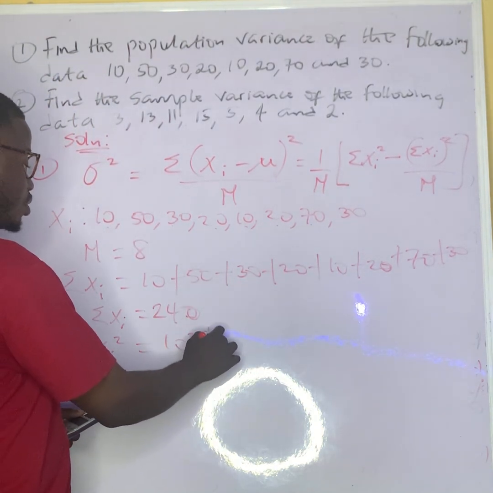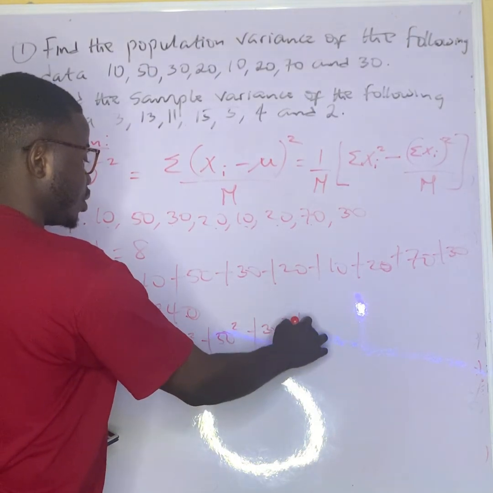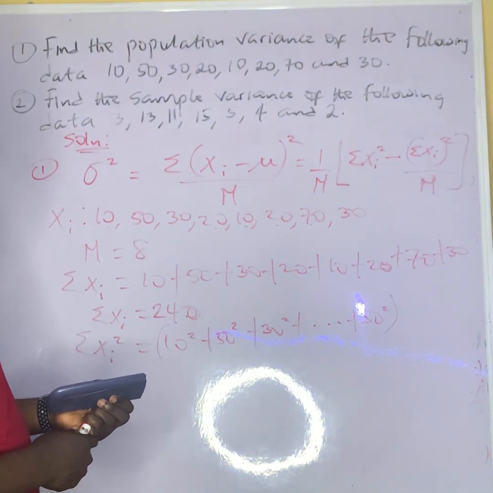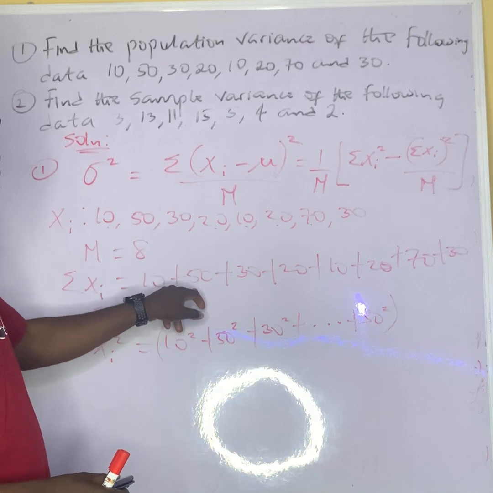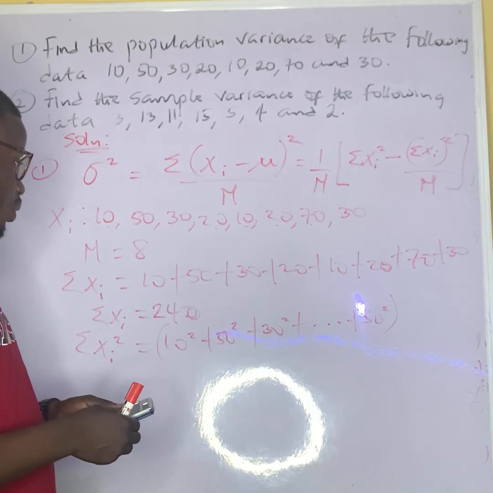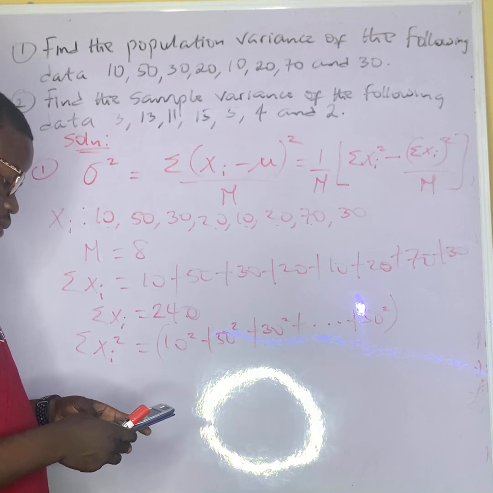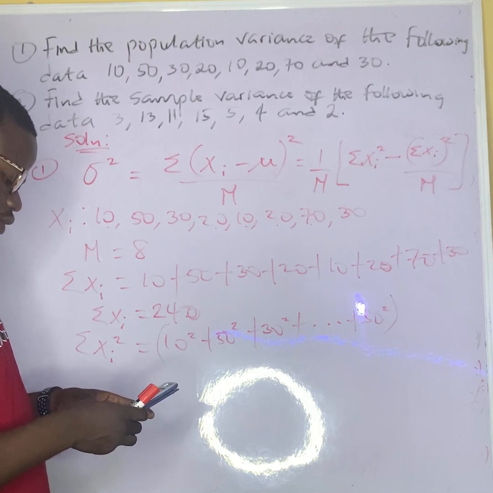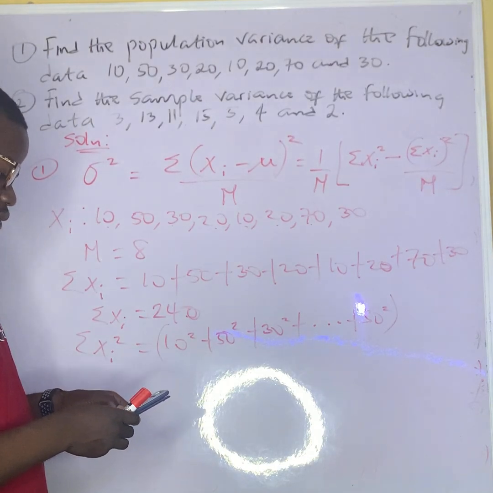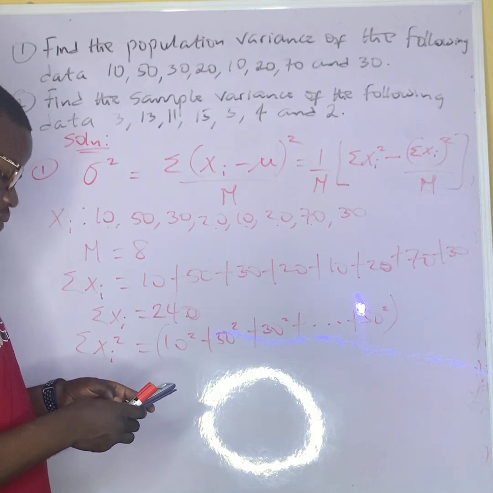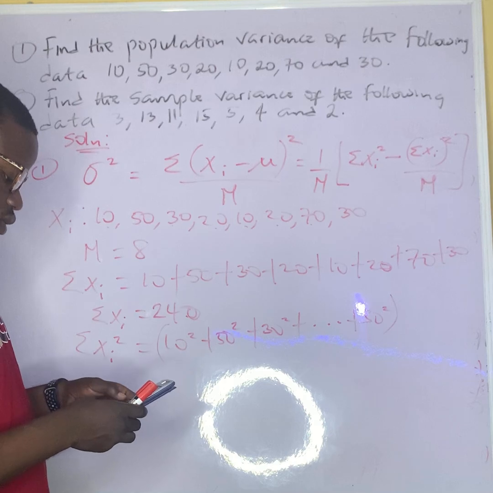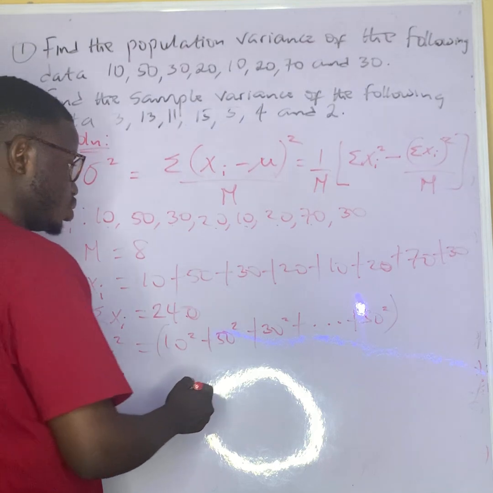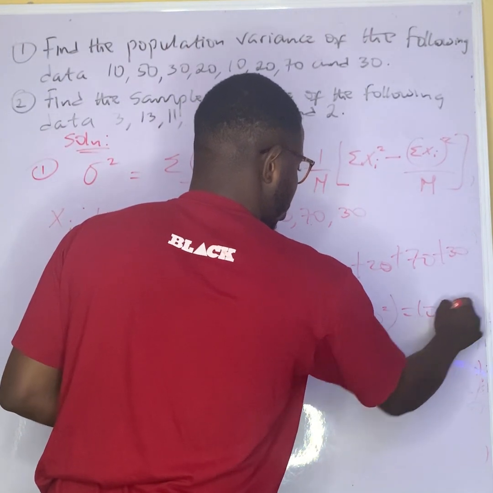So that will be 10 square plus 50 square plus 30 square plus 20 square plus 10 square plus 20 square plus 70 square plus 30 square. All the data given, we're going to square one after the other. This will be 100 plus 2500 plus 900 and so on. So that will give us 10,200.